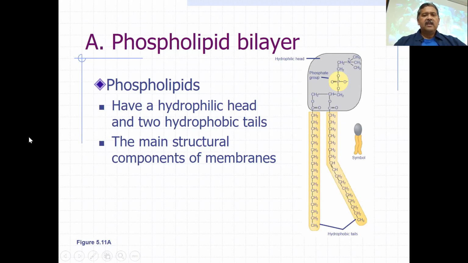Okay, so the hydrophilic heads then are attracted to water, and anthropomorphically, they're attracted to and attached to water. And the tails, conversely, are hydrophobic. Hydro again means water.